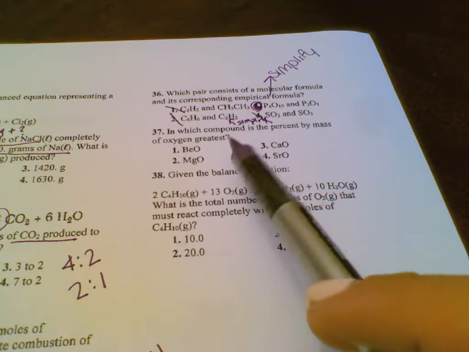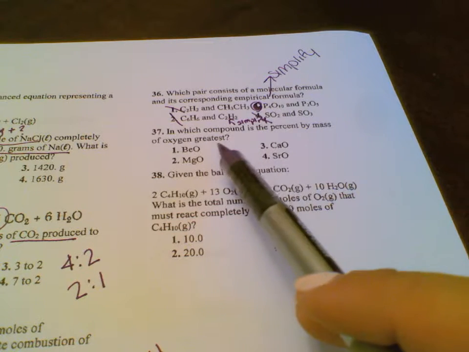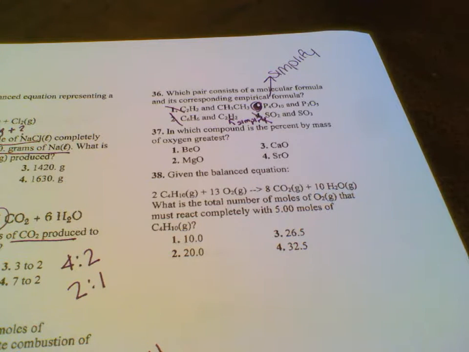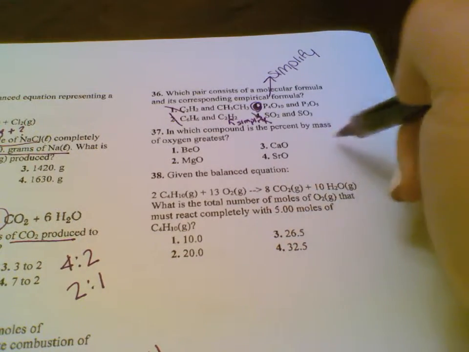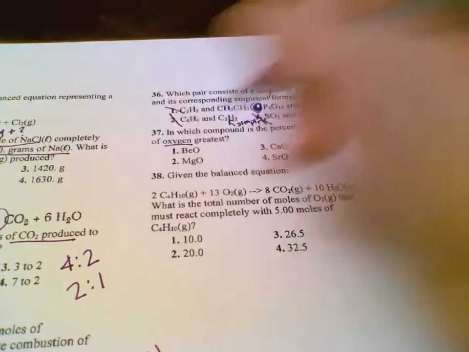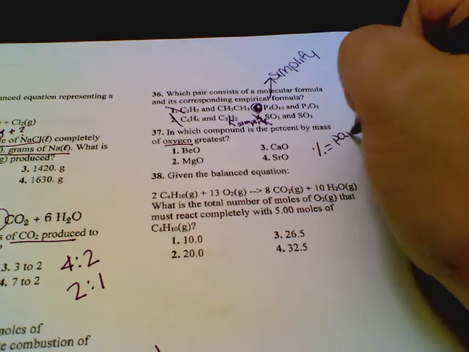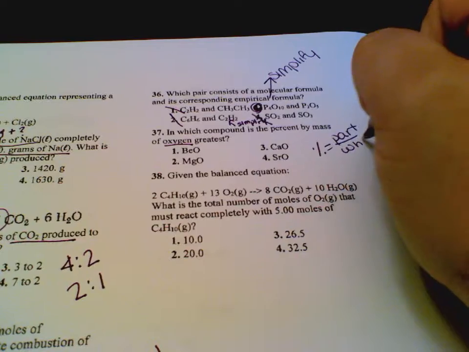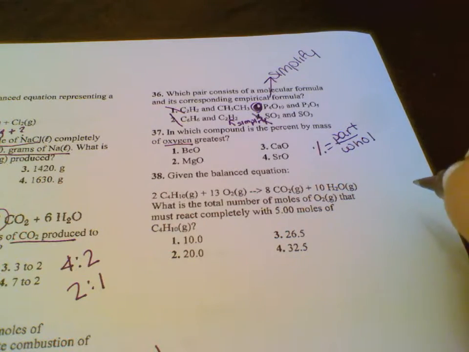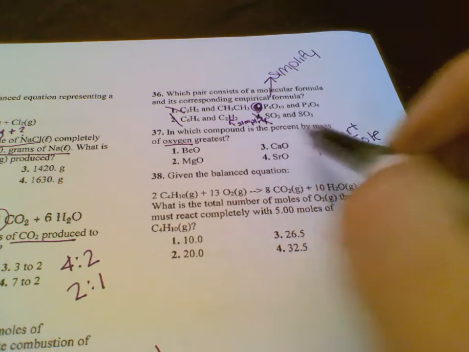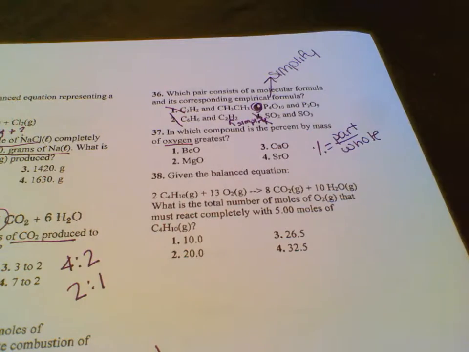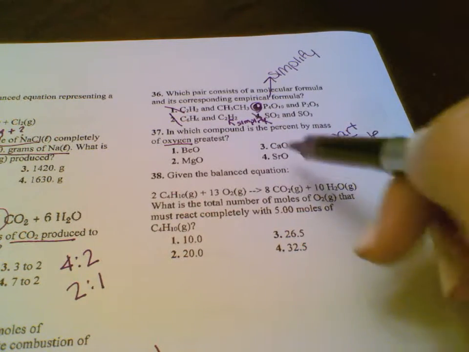37. On which compound is the percent by mass of oxygen the greatest? So what you want to do for this one is you actually really want to figure it out. So what I can look at is my gram formula mass, because your percent by mass oxygen, remember, percent by mass is your part over your whole. So really what I want to think is my part is always going to be oxygen, which is going to be 16, but my whole, I'm going to add these together.